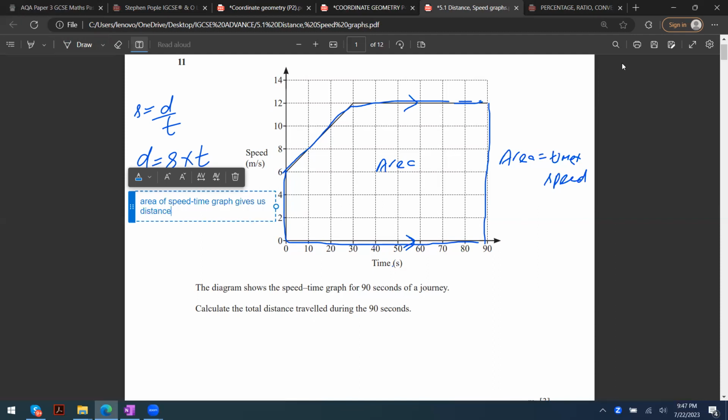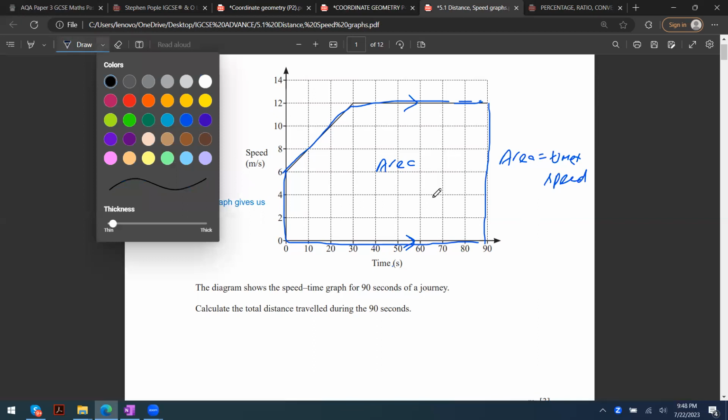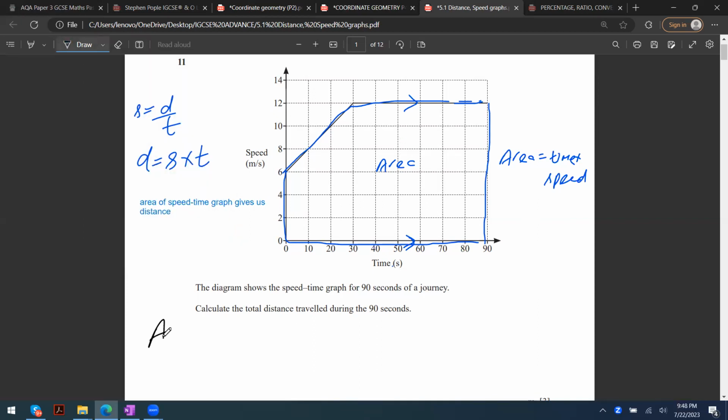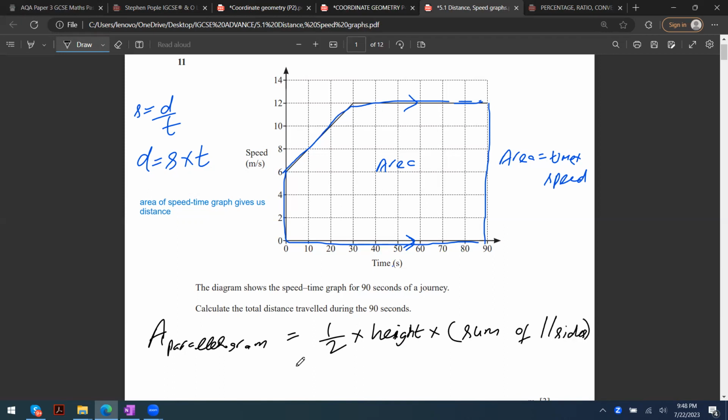Now, what's the area of the parallelogram formula? That is 1 by 2 into height, height has to be between the parallel sides, into the sum of parallel sides. This is the symbol for parallel sides.